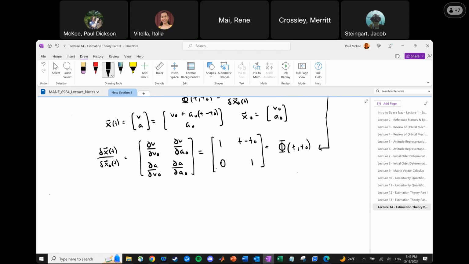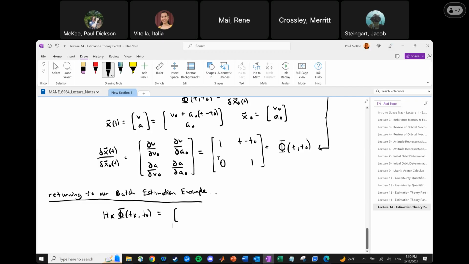So returning to our batch estimation example, H sub k times phi mapping from T naught to Tk is equal to what?